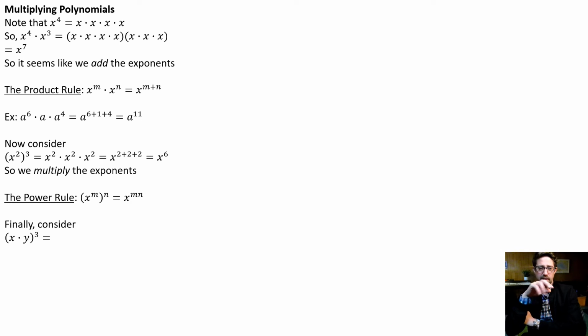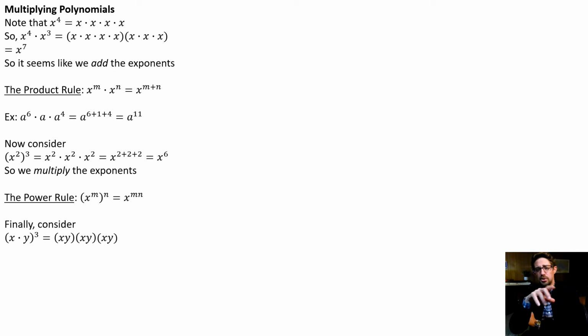Okay, now we have x times y in parentheses cubed. So this is a product to a power. So you see how it's different from the last thing? But it kind of shakes out the same way. So expand that. That's just xy 3 times.